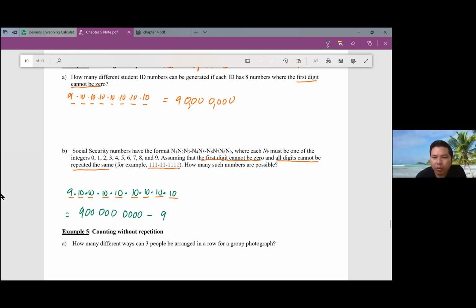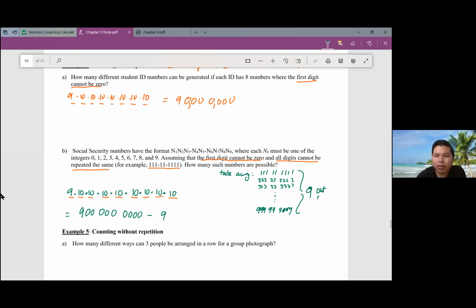Okay, so here we go. We need to take away 1 1 1 1 1 1 1 1 1, 2 2 2 2 2 2 2 2 2, 3 3 3 3 3 3 3 3 3, and so on until you get 9 9 9 9 9 9 9 9 9. So if you take away all of that, there's only 9 outcomes.